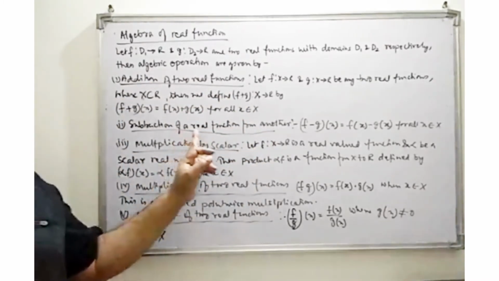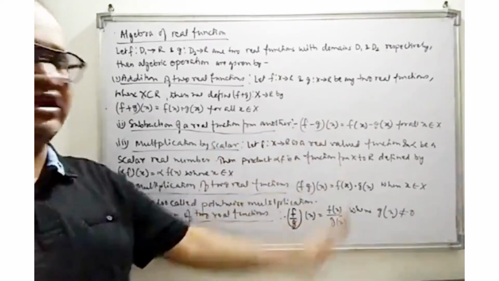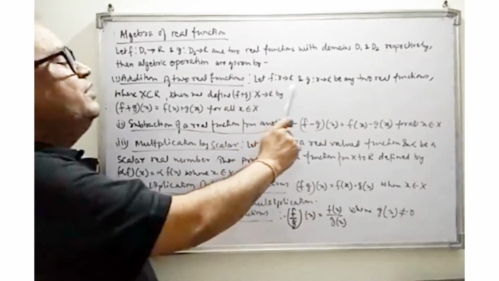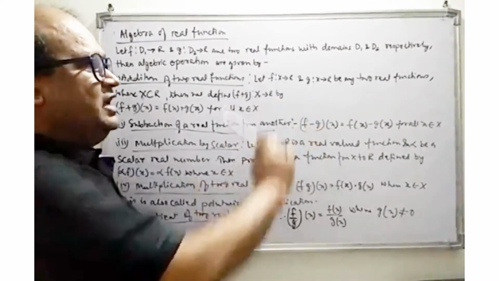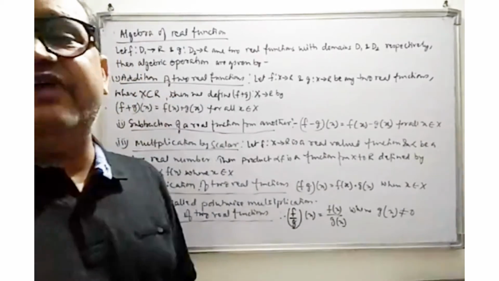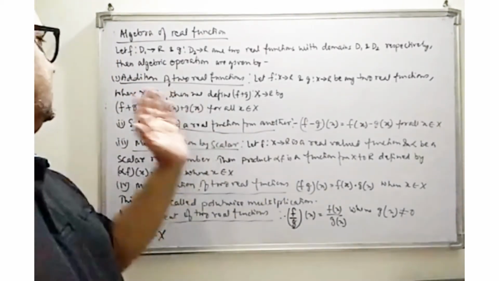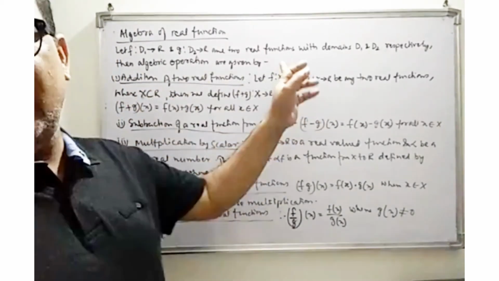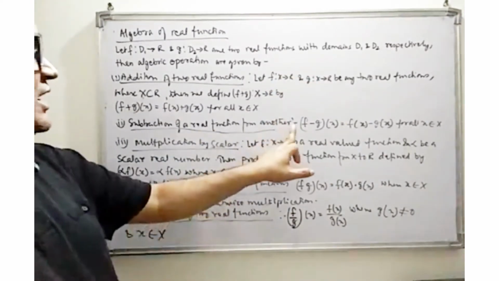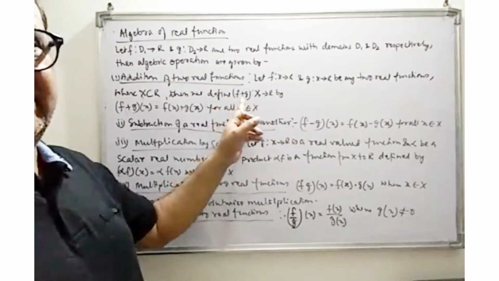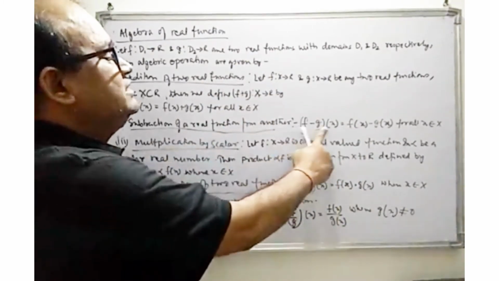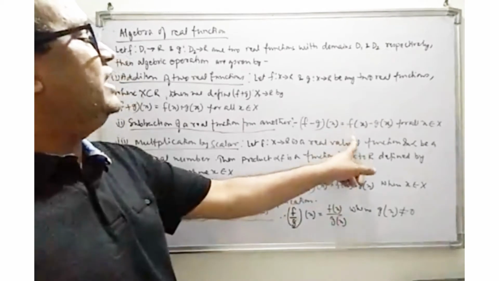Similarly, subtraction of one real function from another real function. Again, if function f(x) mapping to R and function g(x) mapping to R are two real valued functions such that capital X is a subset of real numbers, then we define (f minus g)(x) mapping to R given by (f minus g)(x) equals f(x) minus g(x).